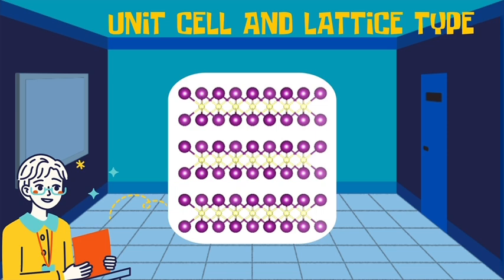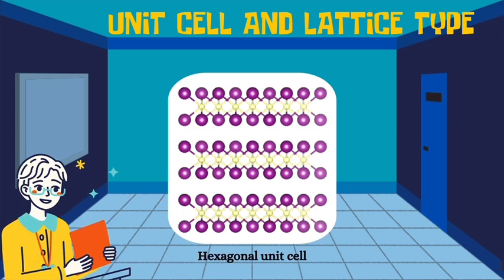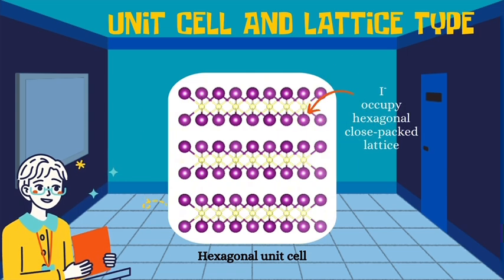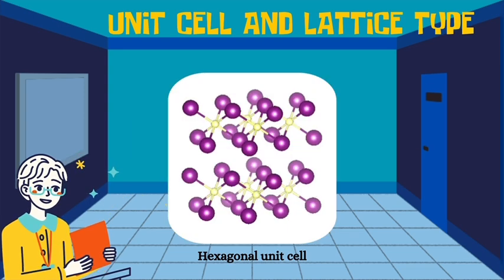Cadmium iodide crystallizes in a hexagonal unit cell. In this structure, the iodide ions form a hexagonal close-packed lattice, and the cadmium ions occupy every octahedral hole between these layers. To explain this behavior, iodide ions are relatively large compared to cadmium ions.